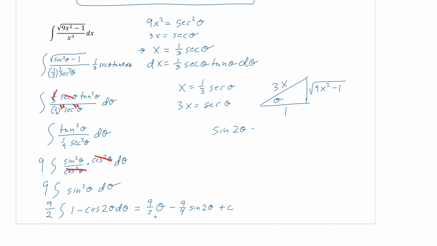Sine 2 theta is equal to 2 sine theta cosine theta. So this again would be 2, and then sine would be square root of 9x squared minus 1 over 3x. Cosine would be 1 over 3x. So this becomes 2 square root 9x squared minus 1 over 9x squared.